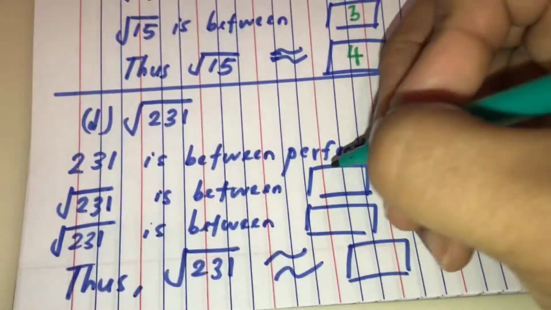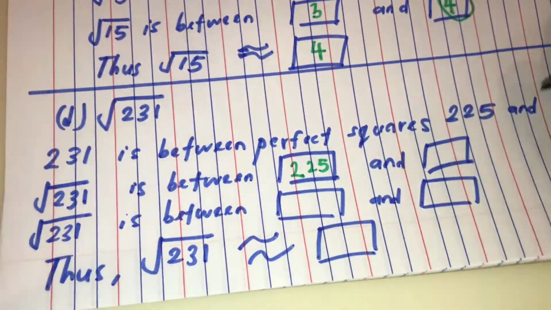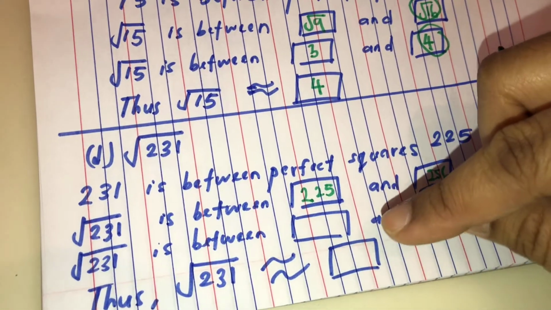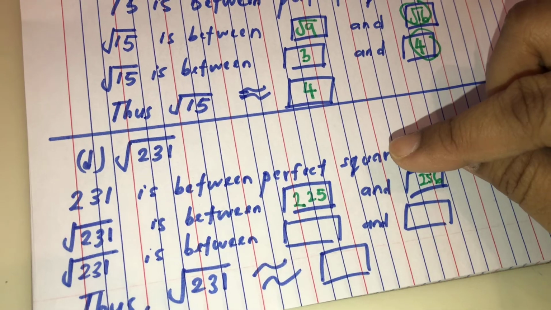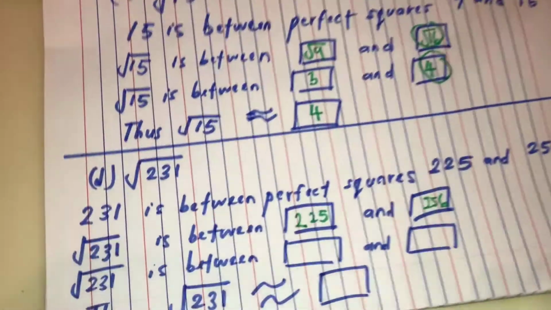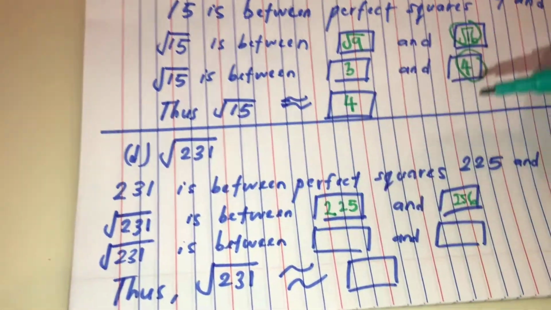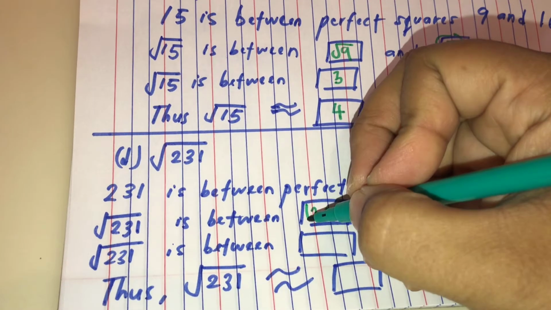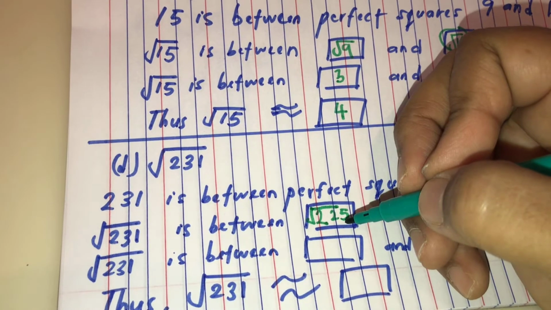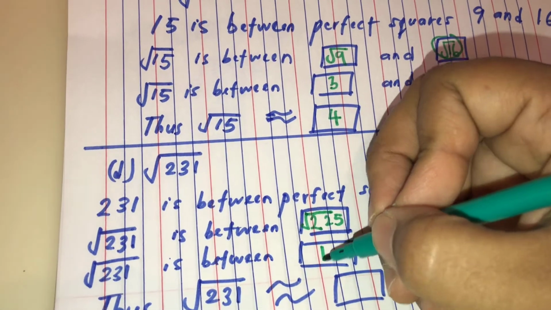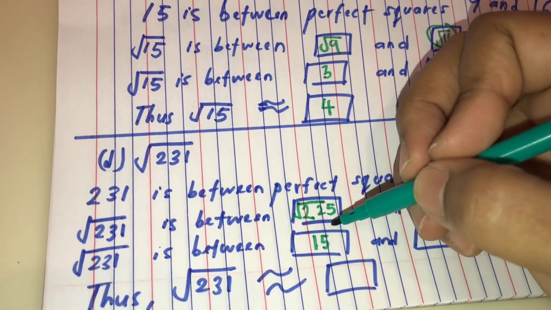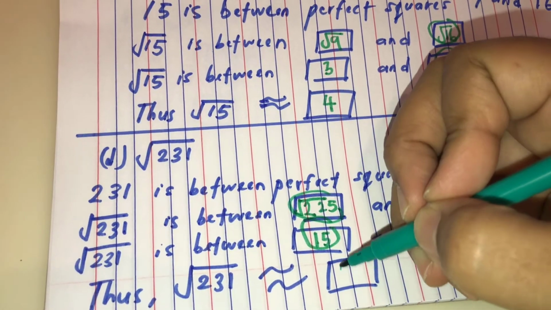Then you write here, square root 231 is between, because here have the square root, so here also you must write the square root. 225 equals just now 15, right? 15 and then 16. And then the nearest value to 231 you choose here, this one 225. So the answer is 15.